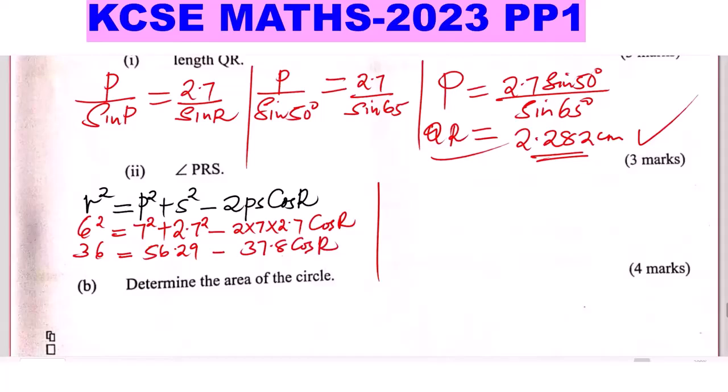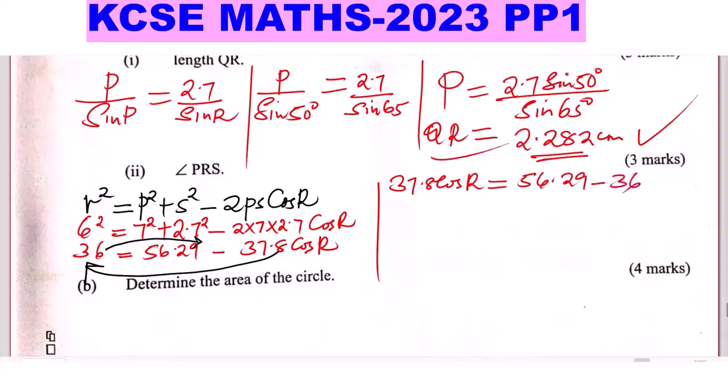So I will take negative 37.8 cosine of R to the left hand side, and then I'll take 36 to the right hand side. So we'll get 37.8 cosine of R is equals to 56.29 minus 36.